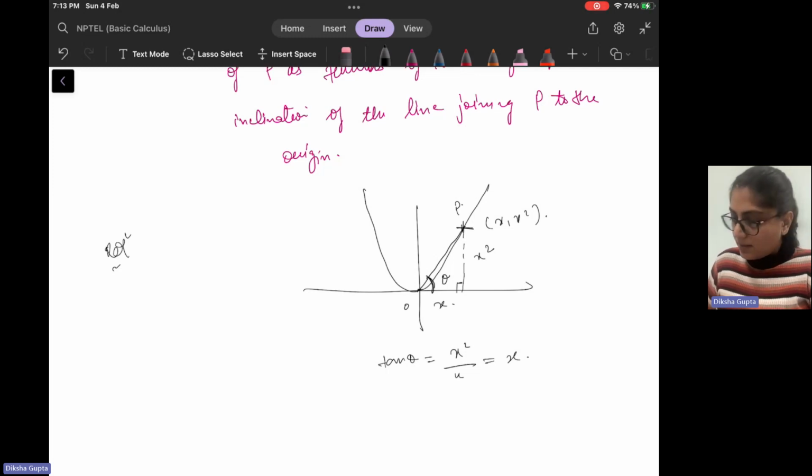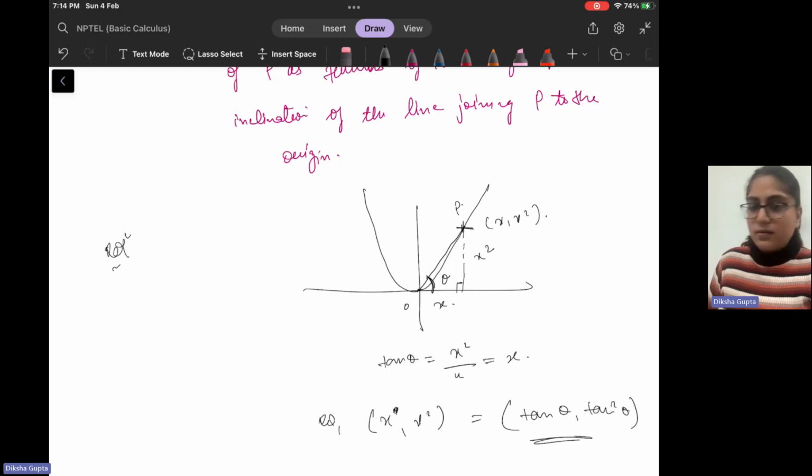So tan theta is x. So the point's coordinates are (x, x square), and in terms of the angle it is (tan theta, tan square theta). Right?